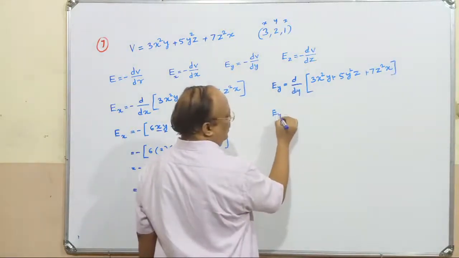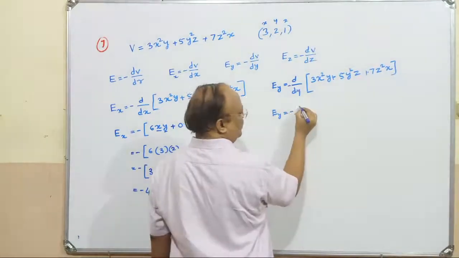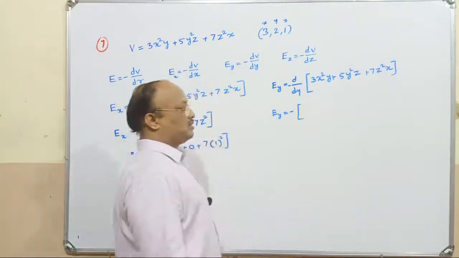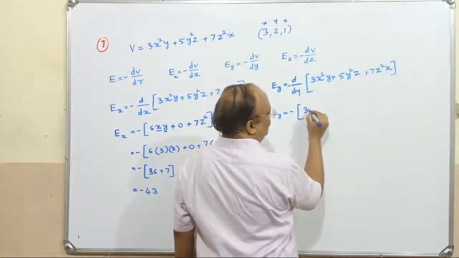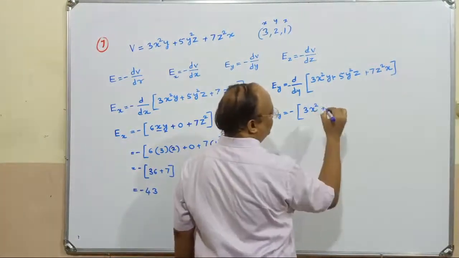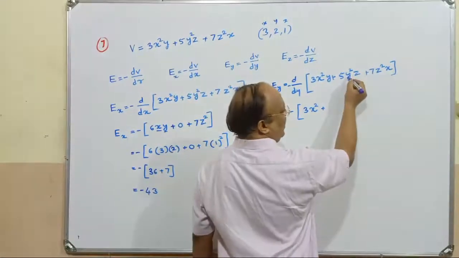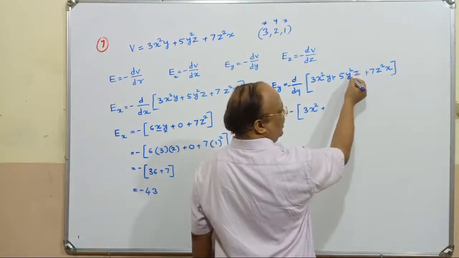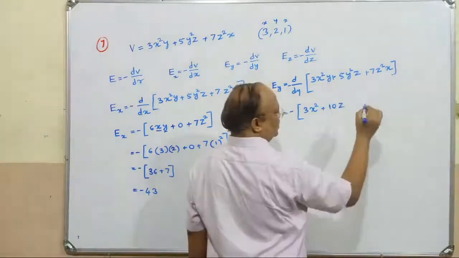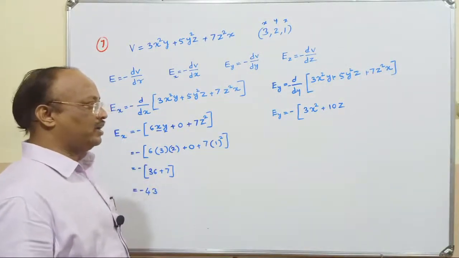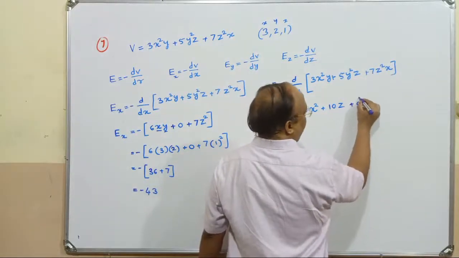So Ey is equal to minus. Here the y term gives 3x square, plus the differentiation of y square, 2y, into 5, is 10yz, plus this last term is 0.